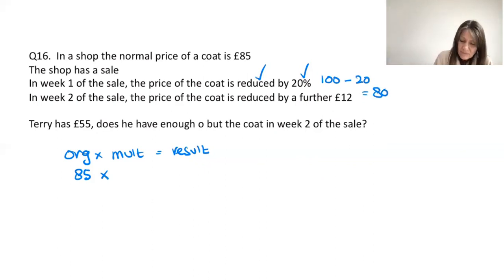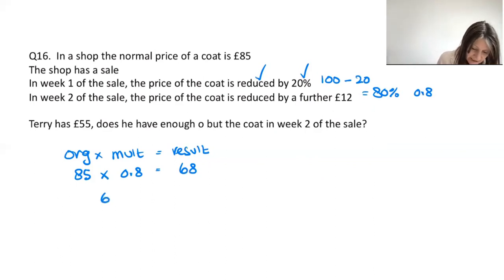And that's 80%. 0.8 is the decimal version. I put that into my calculator and I get 68. So it's reduced from 85 to £68. But in the second week, a further 12 is taken off. So 68 take away 12 is 56.